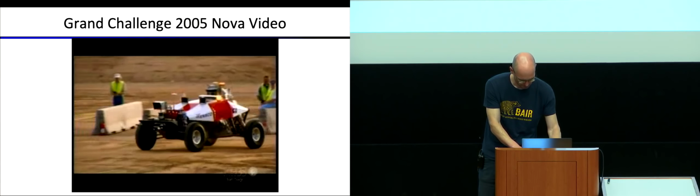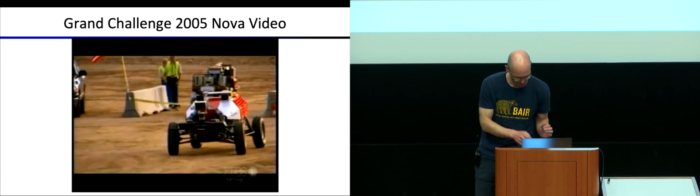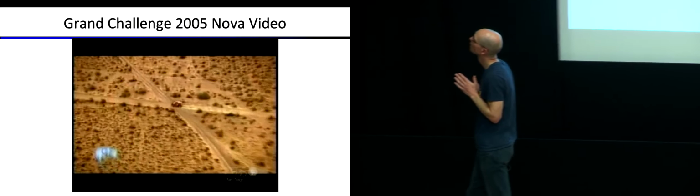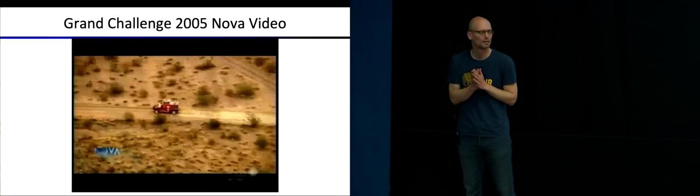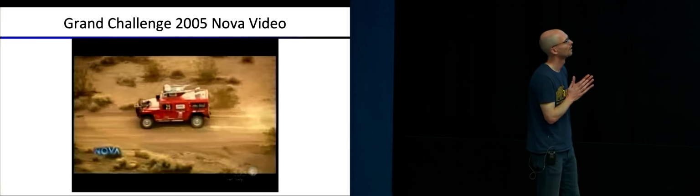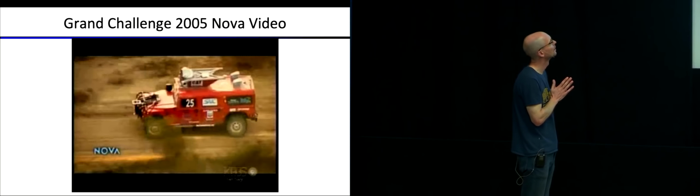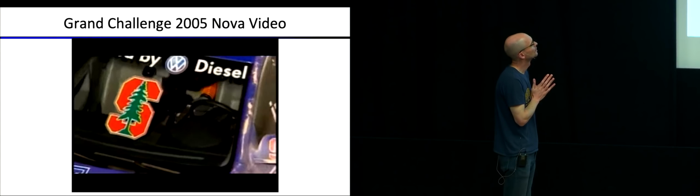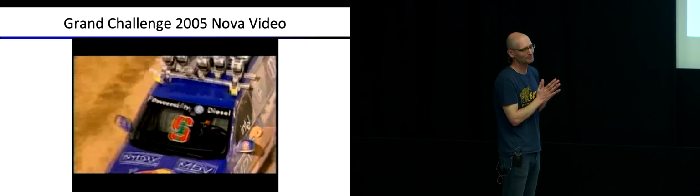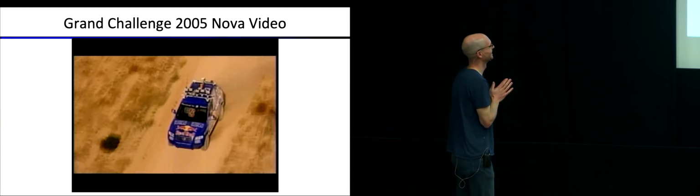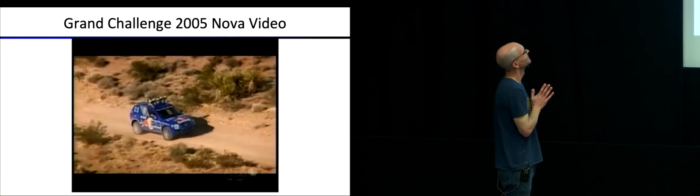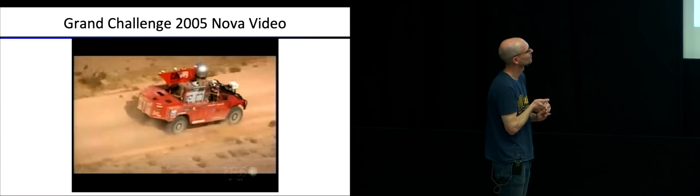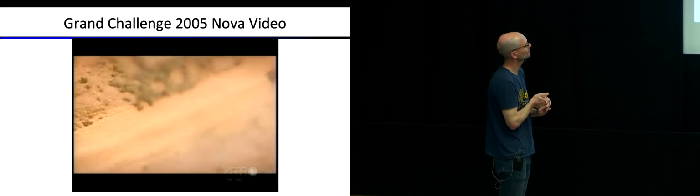A far cry from the first Grand Challenge, when many faltered within sight of the start, and no robot went beyond 7 miles. During the first 8 miles of the race, Highlander gains 2 minutes on Stanley. It's the rival school. Behind Stanley, Sandstorm is closing the gap and may pass the Stanford robot.